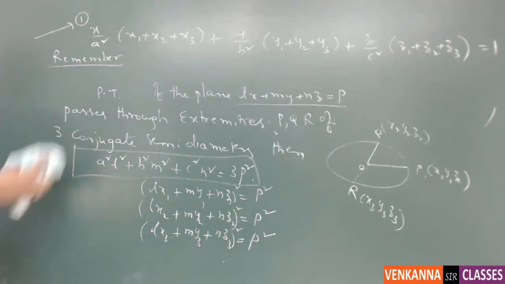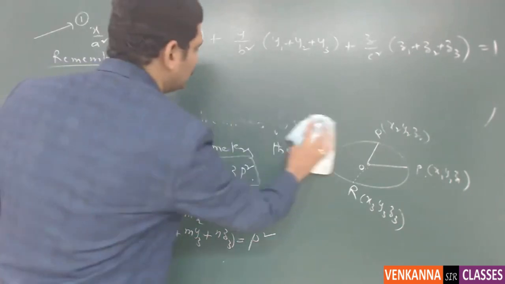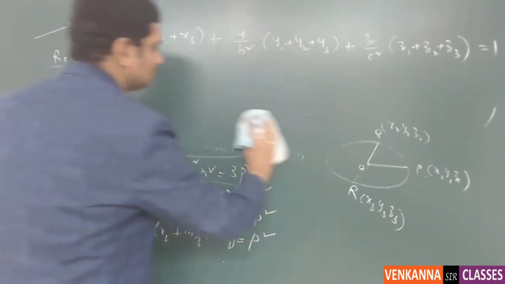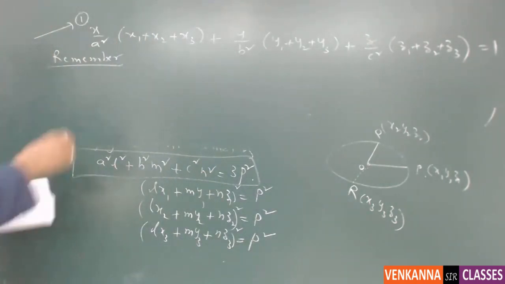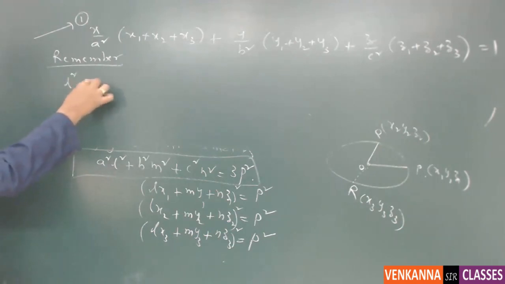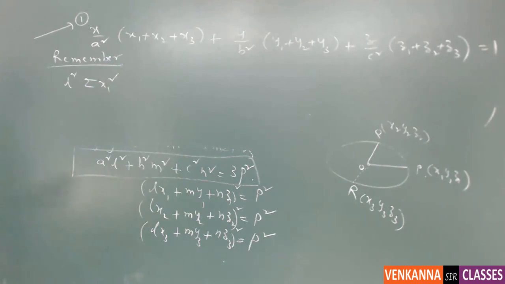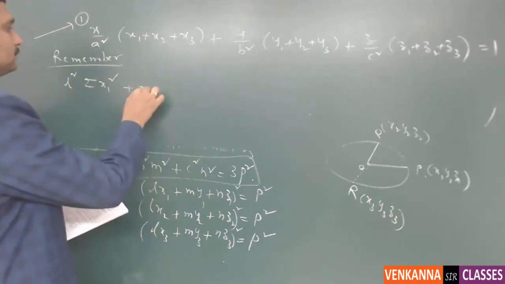So I will write the expression. If you take the terms as common, you will get the expansion value as L square into sigma x1 square. Since space is insufficient, sigma x1 square is nothing but x1 square plus x2 square plus x3 square. Please understand the abbreviations.